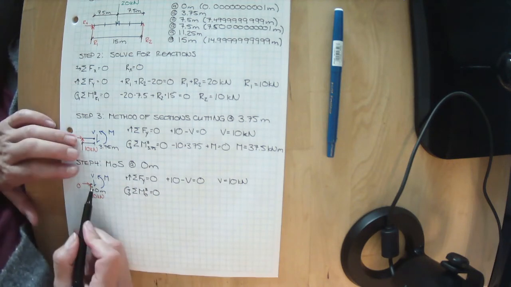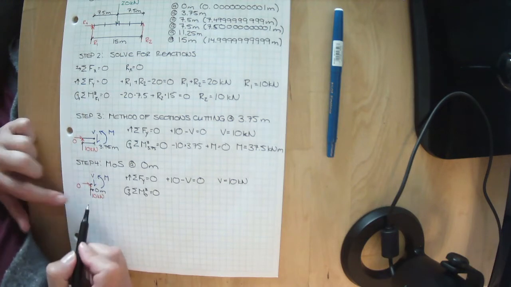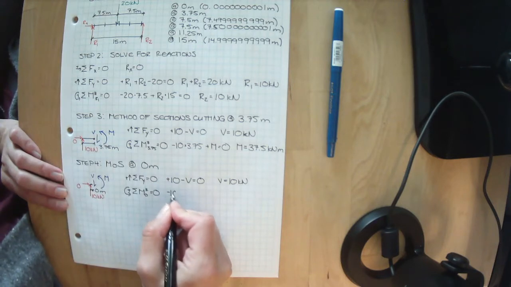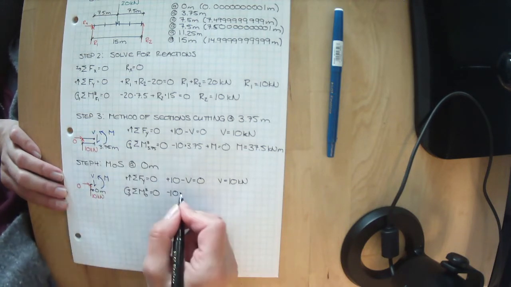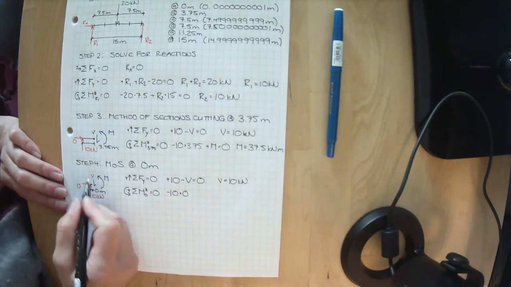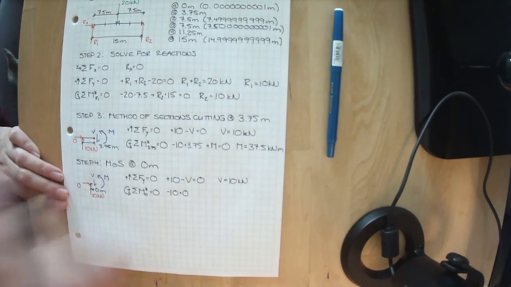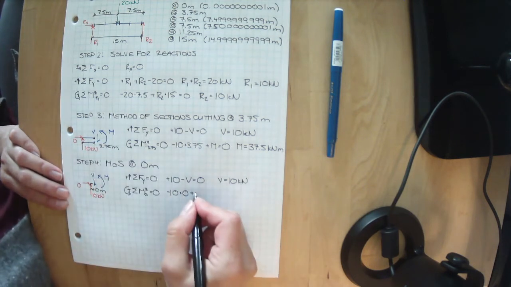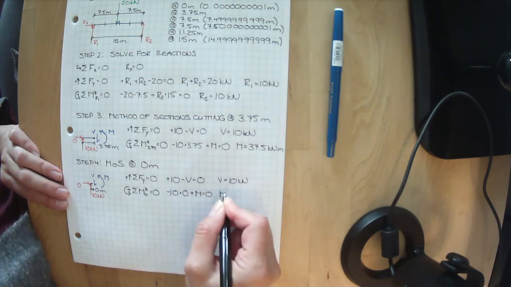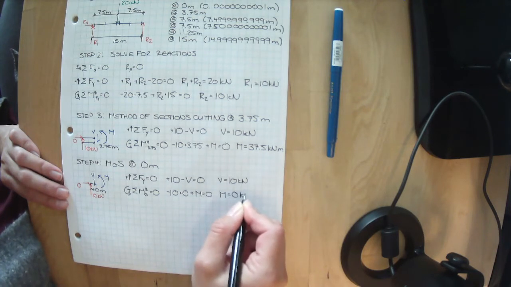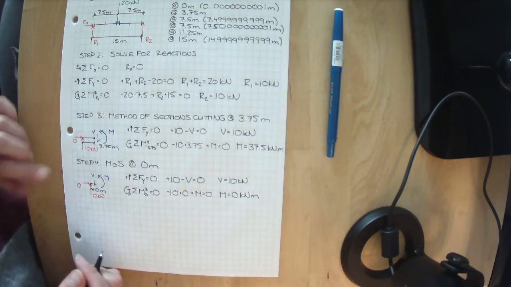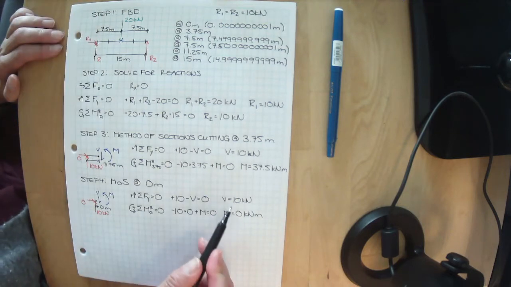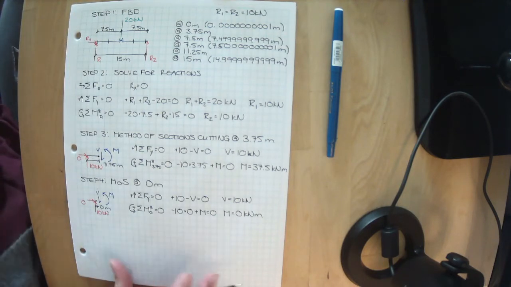And we're passing through this point, so the shear passes through it. We've got 10 kilonewtons going upwards, so spinning it in that direction, minus 10, but our distance is actually 0. Remember, we're cutting it right at that point, or just a hair after that point. And then we've got our positive moment, M equals 0 kilonewton meters. So at the start of our beam, we have no moment and still have 10 kilonewtons of shear.